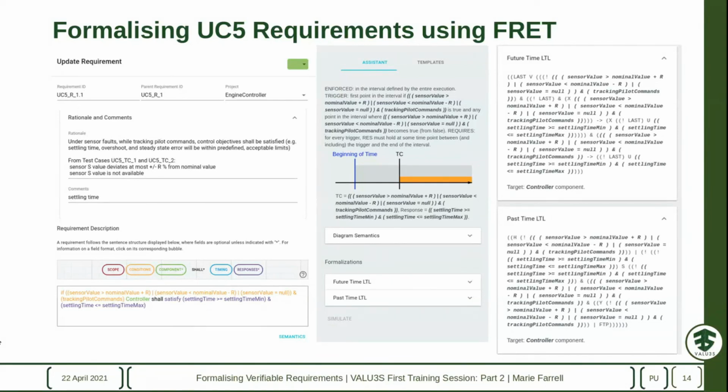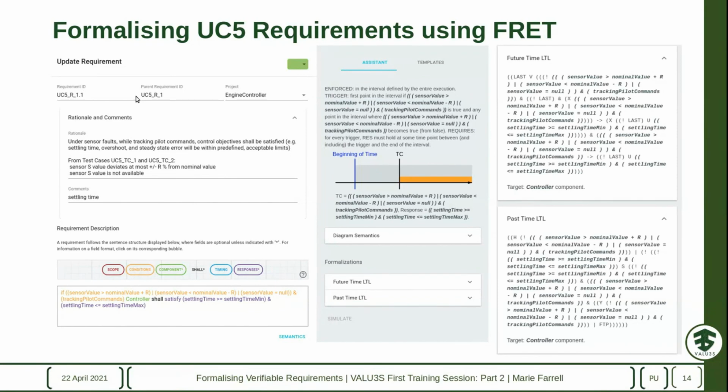In order to decompose the original requirement, we considered these test cases, and that allowed us to make the requirement far more detailed than it was here. FRET gives us this parent-child relationship between requirements, which allows us to group related things together, so that you get traceability between the parent and child requirements.